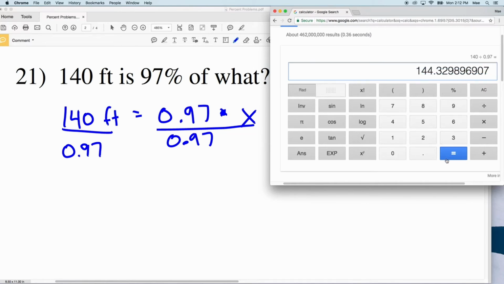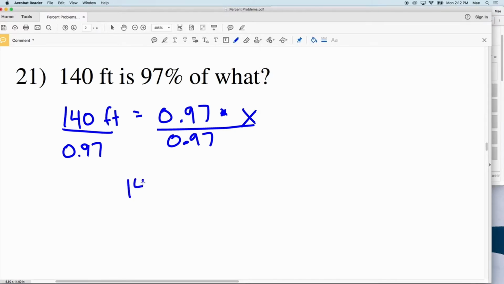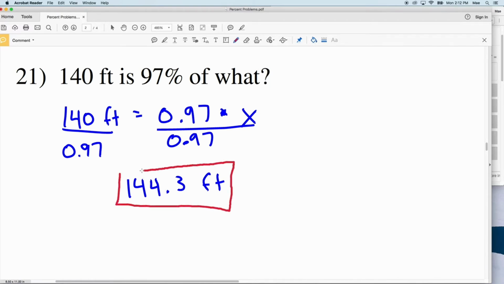And that will give us 144.3. So 144.3 feet is our answer. 140 feet is 97% of 144.3 feet.